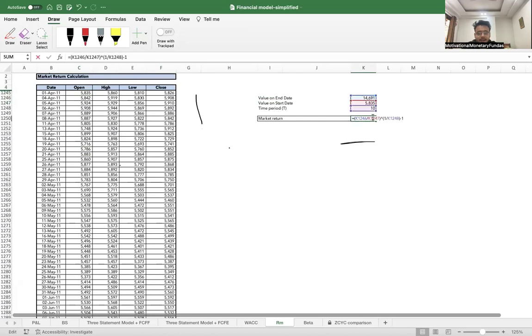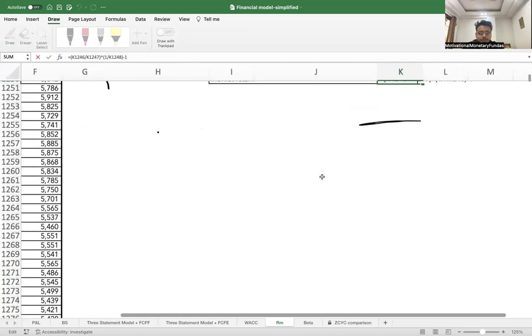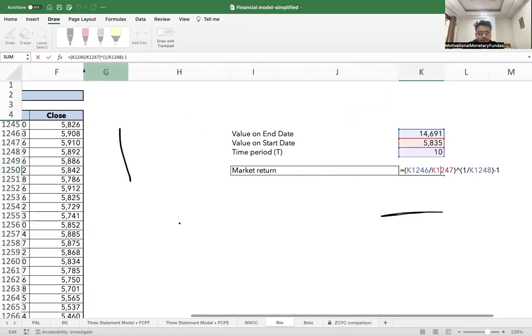The time period is 10 years. I've simply used the CAGR formula: the final value divided by the beginning value, to the power of 1 by the time period, 1 by 10 years, minus 1. Simple formula for CAGR. And that gave me the market return.